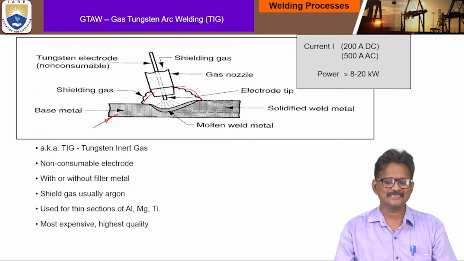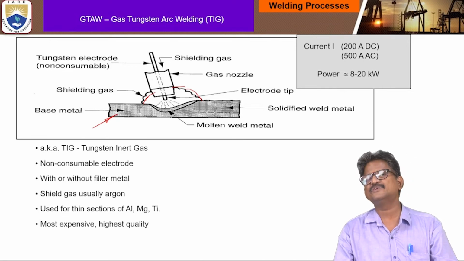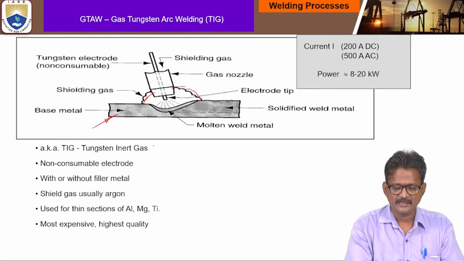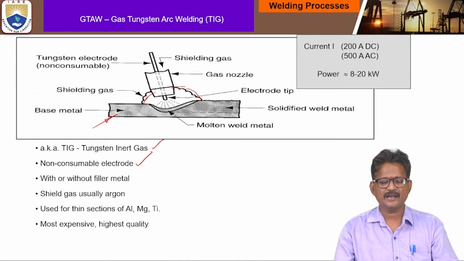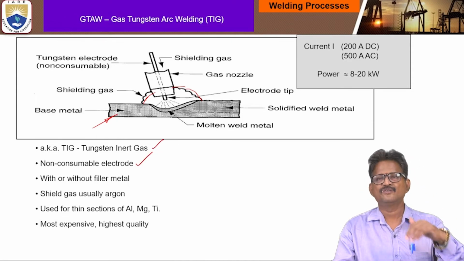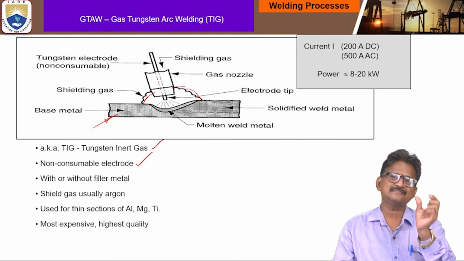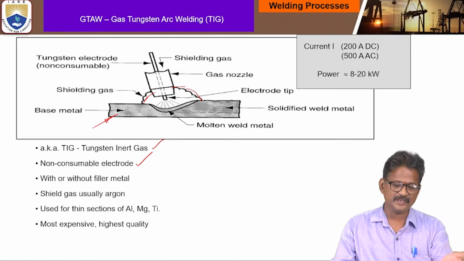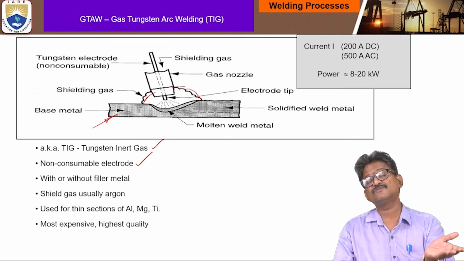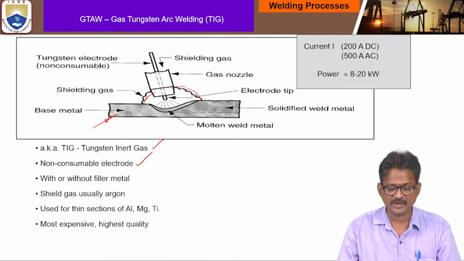TIG means tungsten inert gas, and it uses a non-consumable electrode. Sometimes it is used with filler metal, and for some applications without filler metal, the joint can also be made.